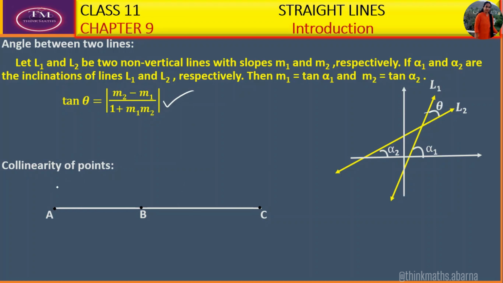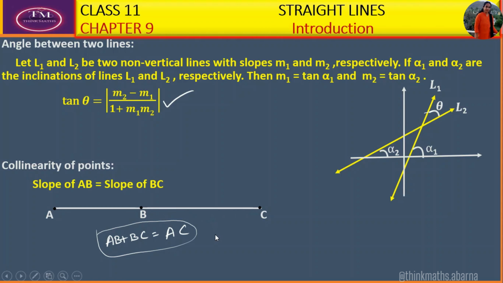Then what is collinearity? Already we know that if 3 points lie in a straight line, then AB plus BC should be equal to AC. If this condition holds, then we can say A, B, C are in a straight line; you can say ABC are collinear. Then what about the slope?